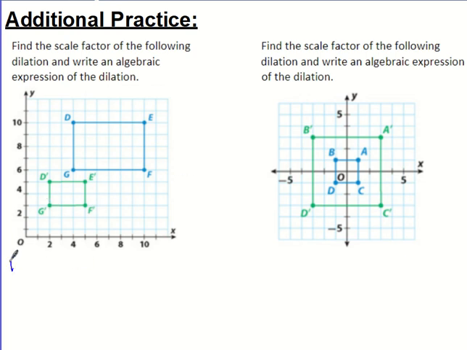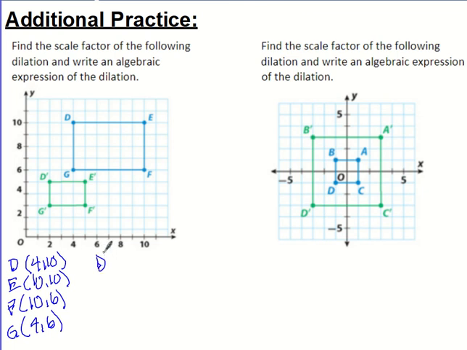So let's first list our D, E, F, and G's. D is at (4, 10). E is at (10, 10). F is at (10, 6). And G is at (4, 6).